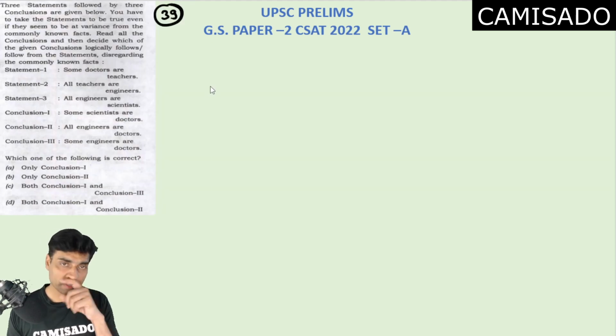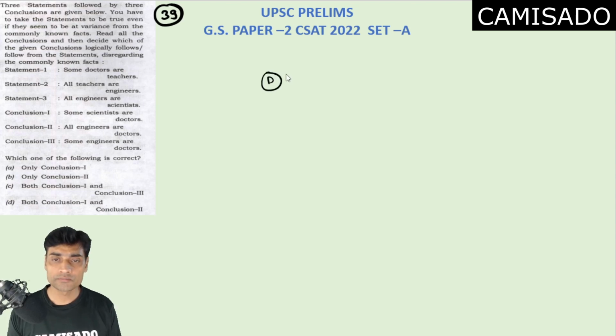Now again, same pattern, Venn diagram question. Statement number 1: some doctors are teachers. So we have taken some amount of intersection here. All teachers are engineers.